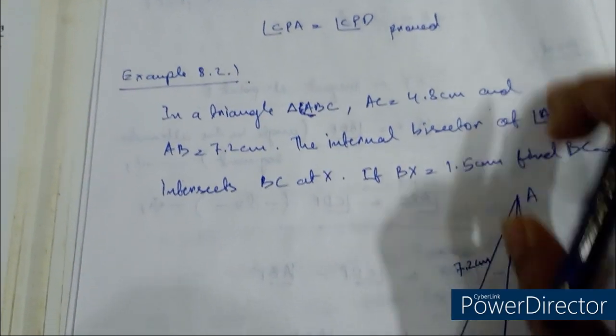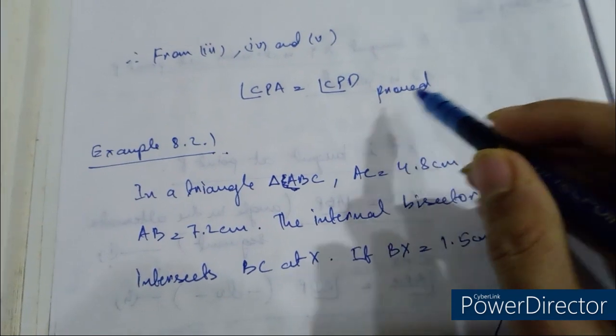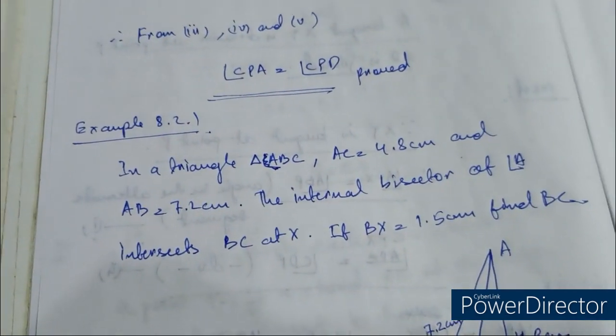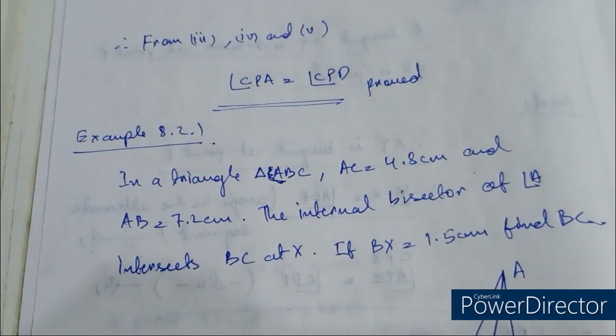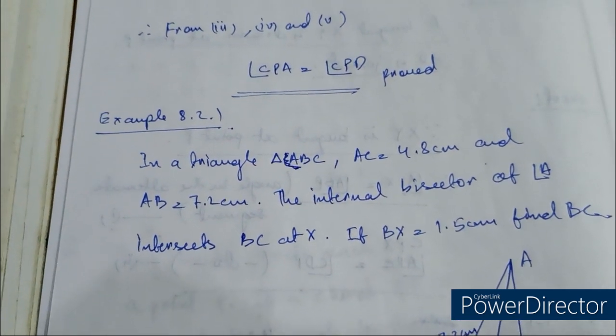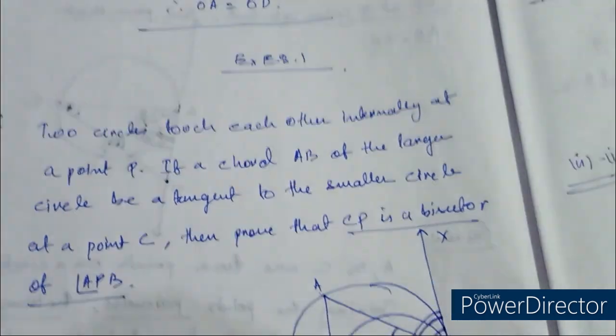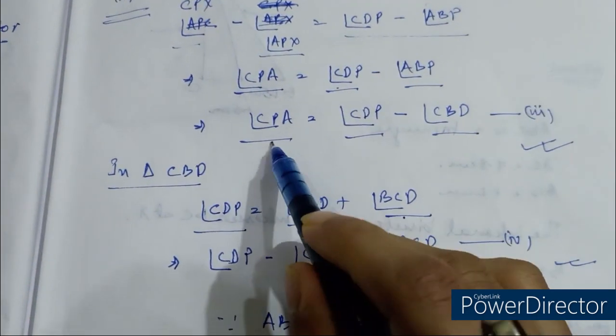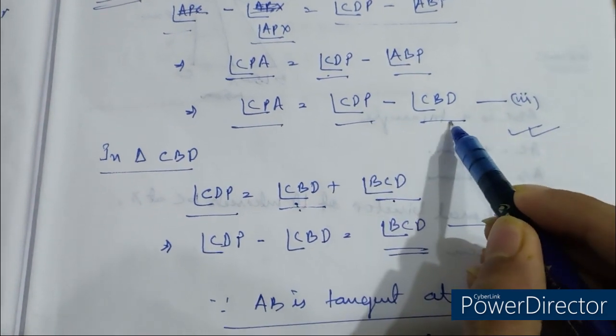Next what I will do: from 3, 4 and 5 I can say that CPA is equal to CPD. From 3, 4 and 5, 3 is our CPA is equal to CDP minus CBD.